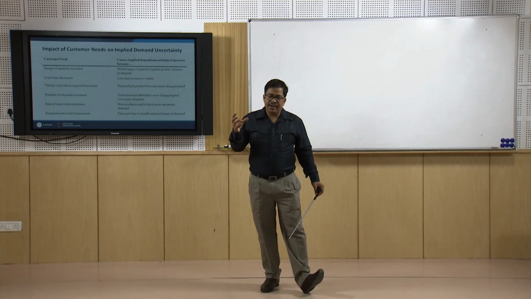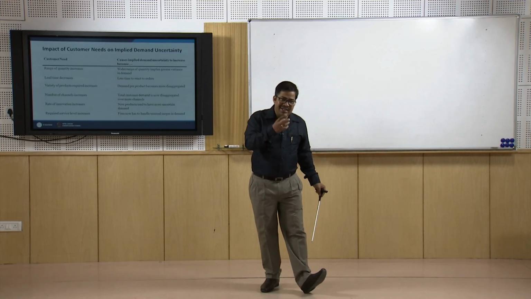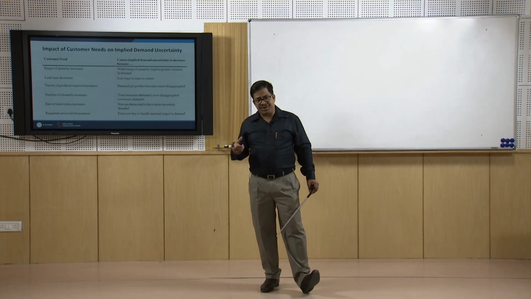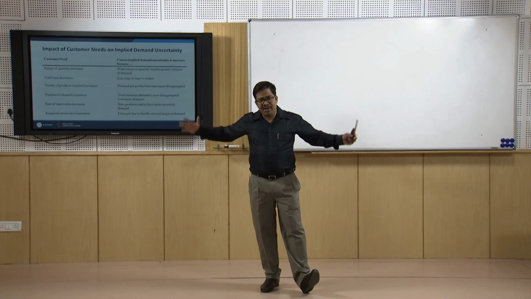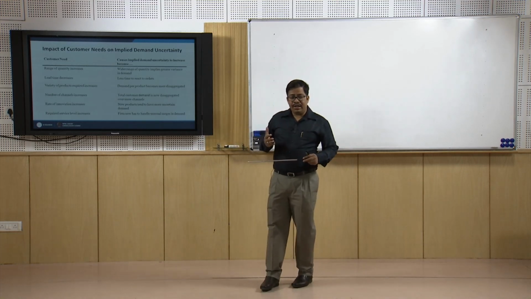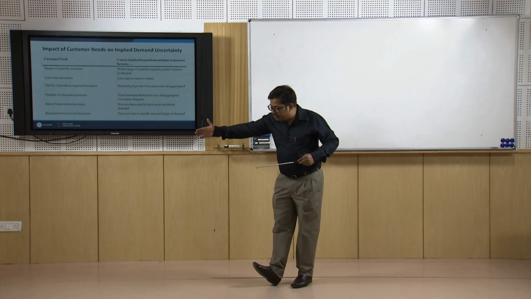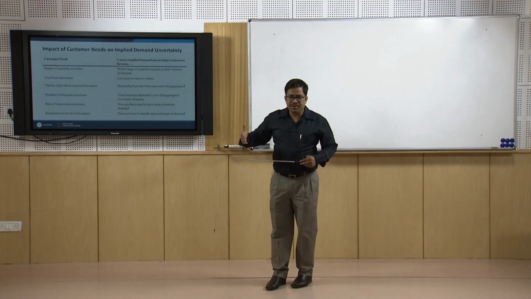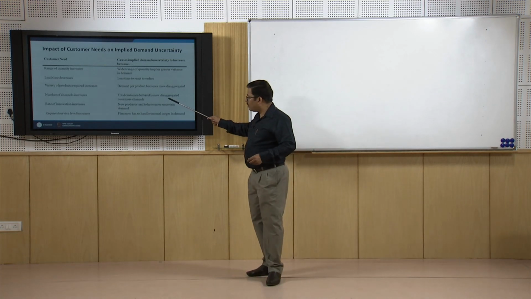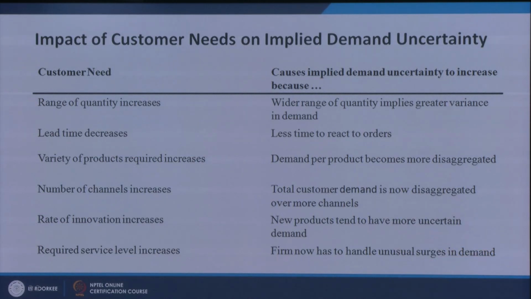Each channel, like e-supply chain, the big malls and the small kirana shops, the overall demand of the product, the overall demand of the supply chain, is now distributed over these different channels. So, you need to handle all these channels, because your overall demand is now disaggregated over more channels.